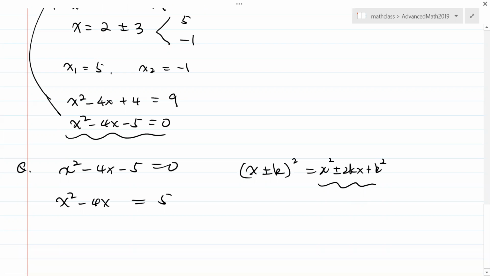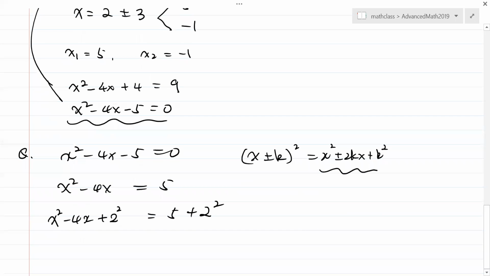If I choose 2, then x² − 4x + 2². I added 2² to both sides. Because 4 is 2 times 2, and k is 2, I then get (x − 2)² = 9.